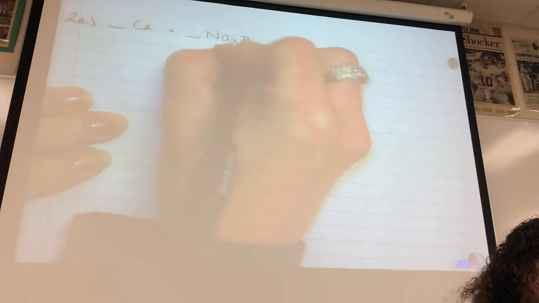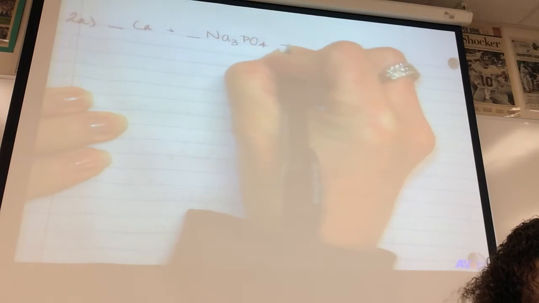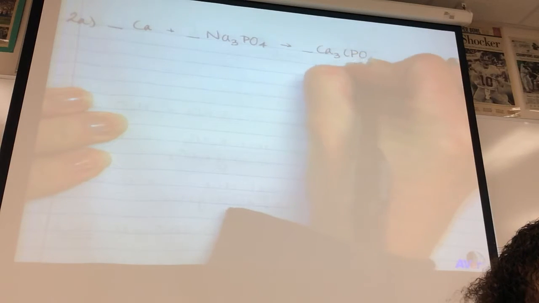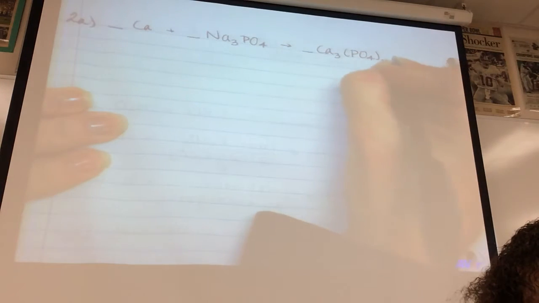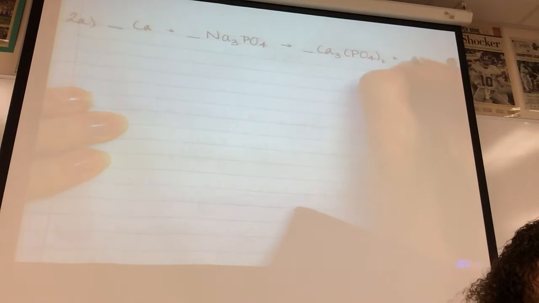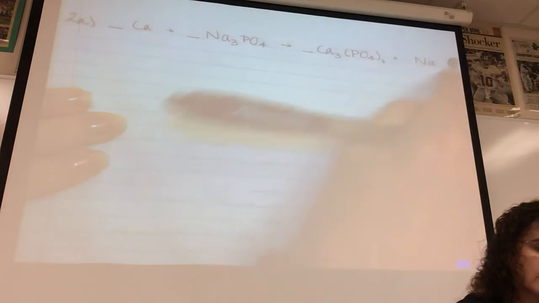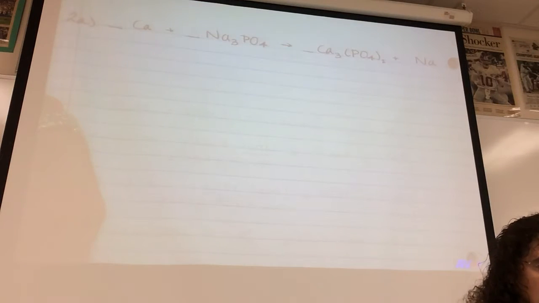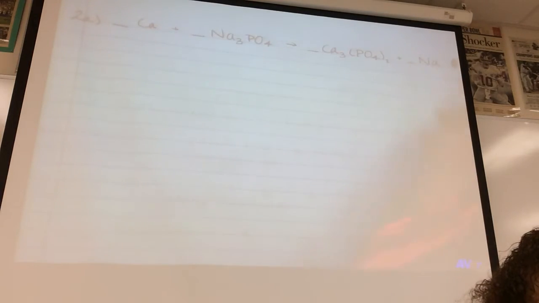You've got calcium reacting with sodium phosphate to generate calcium phosphate and sodium. Make sure when the metal gets pushed out, it's all by itself, no subscript, no superscript. That's the only mistake that some kids made on the quiz.